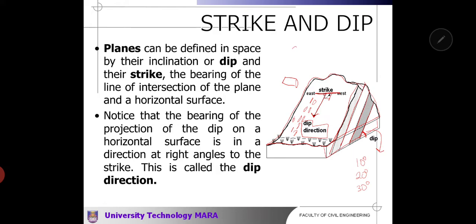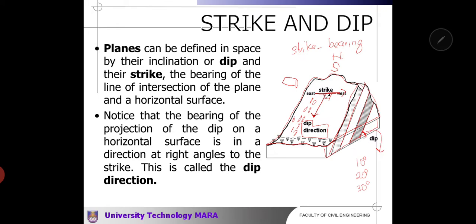The measurement of strike is in terms of bearing, meaning that you need to find where your north and south are. When you go to the field, you use your compass and you can find this direction, either from north to south or south to north, in terms of strike direction. So bear in mind, whatever measurement for strike, the measurement is in terms of direction. We are referring to compass direction: north, south, east, west.